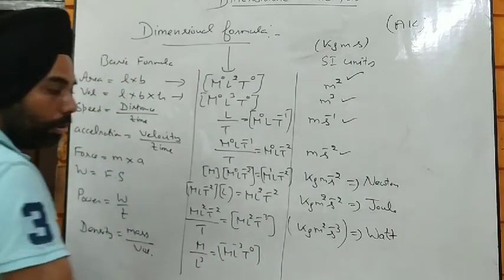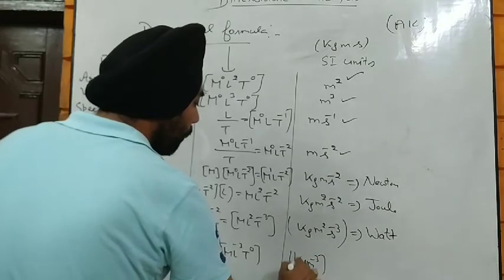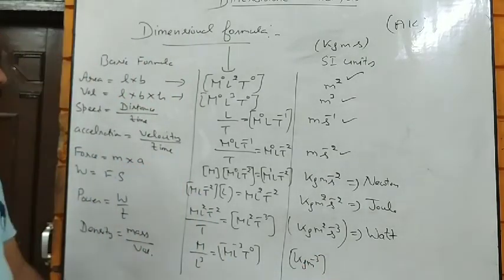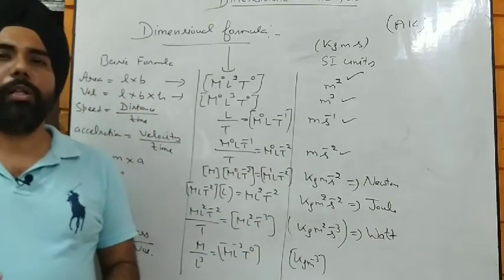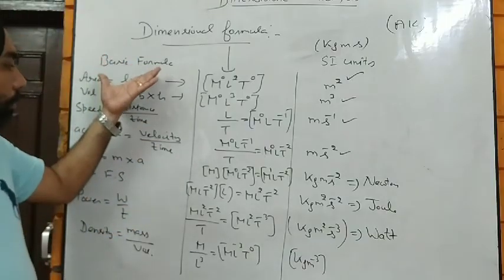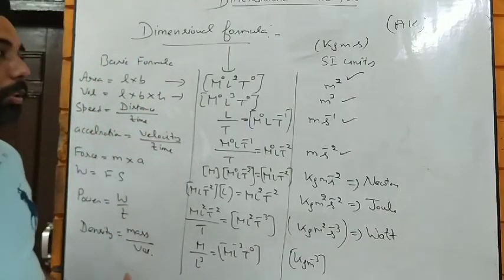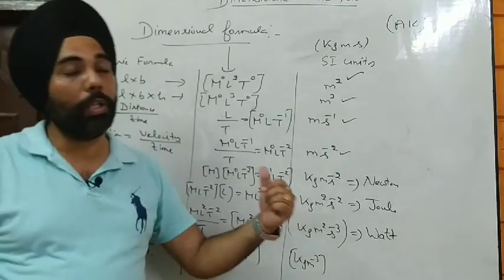Now you are having the units as kilogram per meter cubed. Now these are the basic SI units and basic physical quantities. Now you can derive so many things. You can have a knowledge of so many formulas. You can make dimensional formula out of that. You can make SI units out of that.